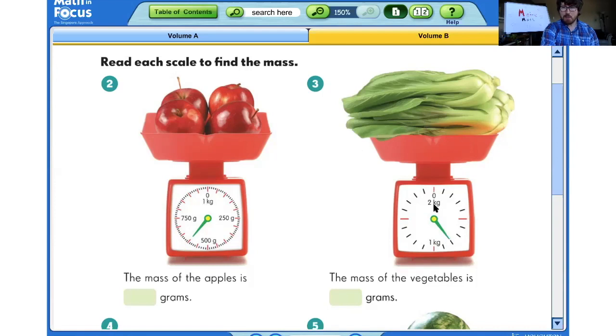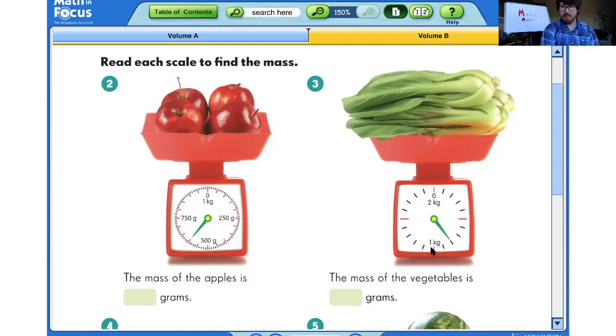And now let's look at this bunch of, not sure what type of leafy vegetable that is. And let's look, this one's measuring in kilograms, but it's a little bit tricky because if we look, here's 1 kilogram. So it's actually less than 1 kilogram. So we're going to see how many grams it is in this case. It's definitely less than 1 kilogram, but this one's a little bit tricky, I think.